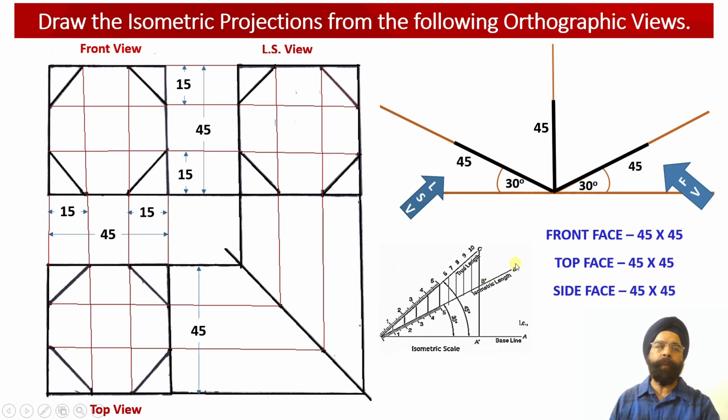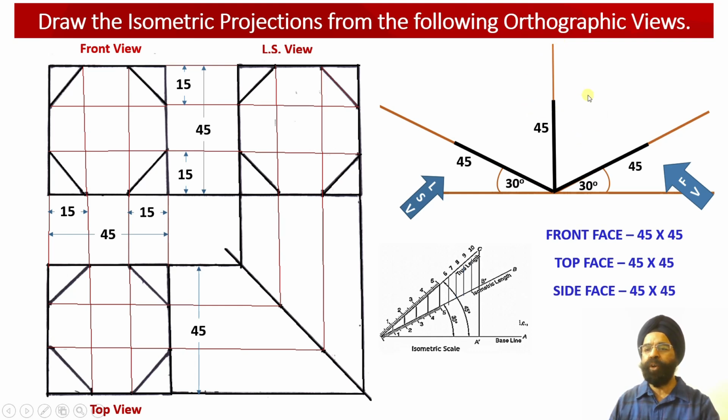Once we have obtained the isometric length dimensions corresponding to the true length dimensions available with us in the orthographic projections, we will observe that onto the isometric scale we have to mark the length of the solid alongside the z-axis. The width of the solid we are going to mark alongside the x-axis, and the height of the solid we are going to mark alongside the y-axis over here.